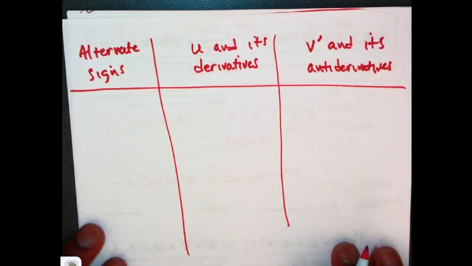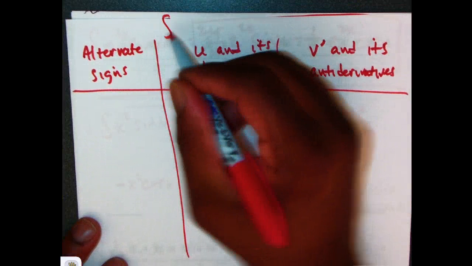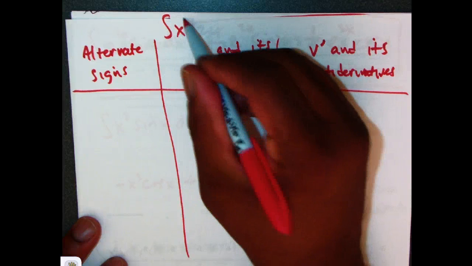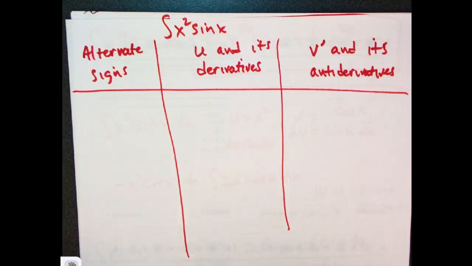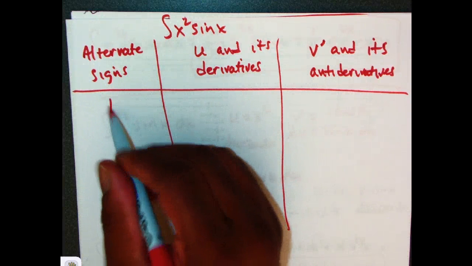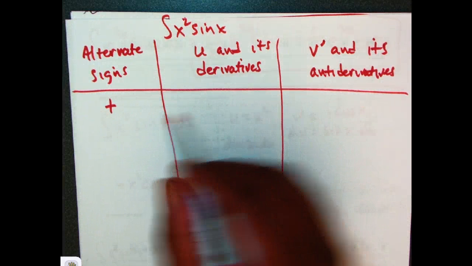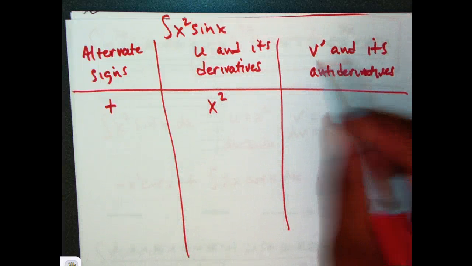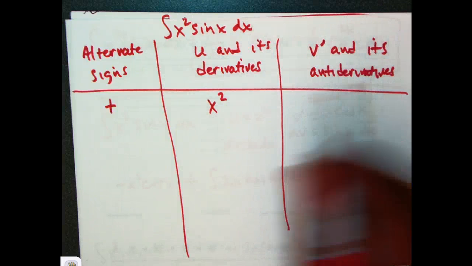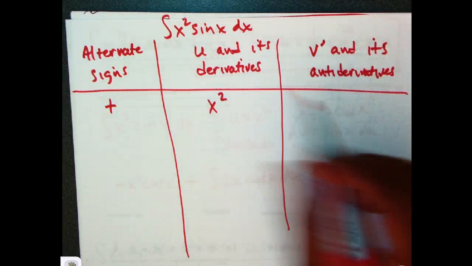So with the last example we just did, we had the integral of, I think it was x squared sine of x. Okay. So here we're going to start with the positive. Our x squared is positive. So we have x squared. And here our v prime, or dv dx, is sine of x.